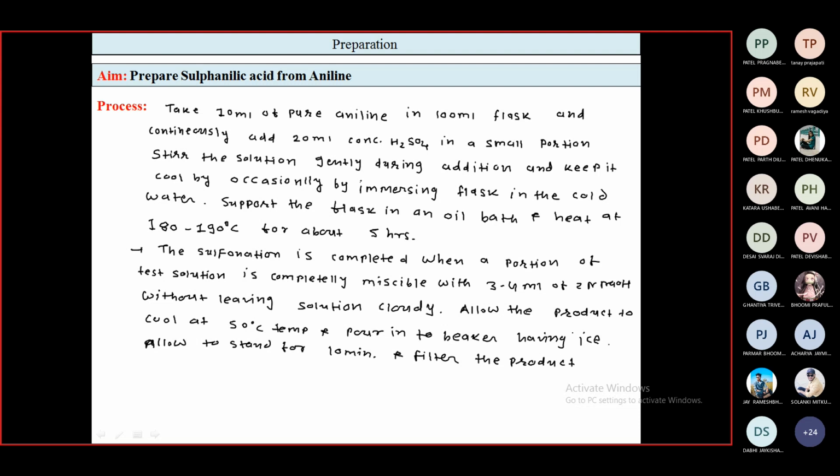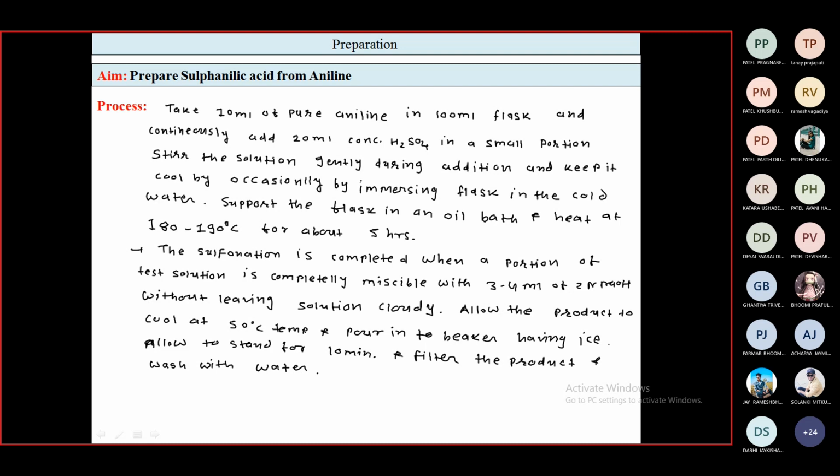Now you can wash the product with water, but this product contains some colored impurity. The color of the product will not be white, as other colored impurity is there with it.